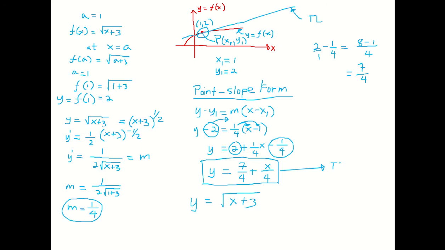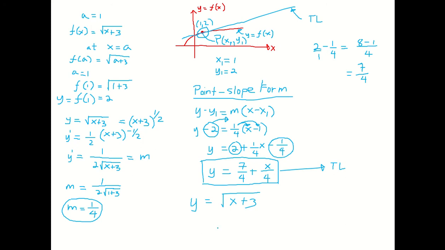As we discussed, when we zoom in on the graph and zoom in on the point, we can see that the function becomes more and more like its tangent line.